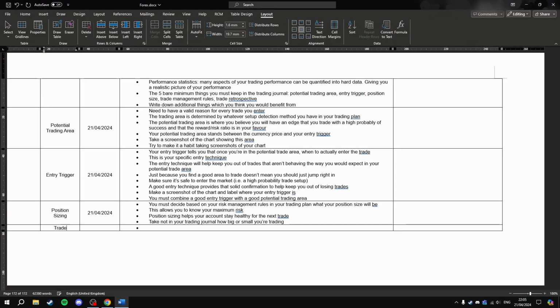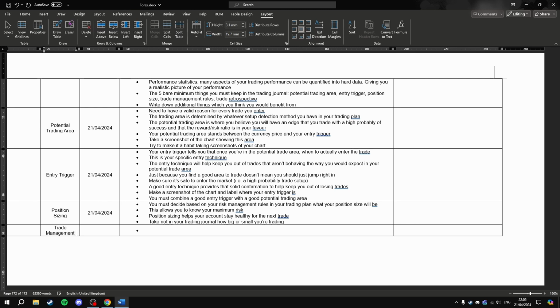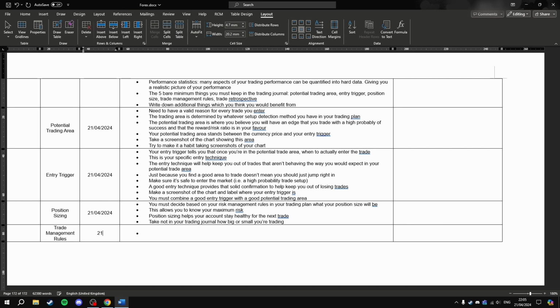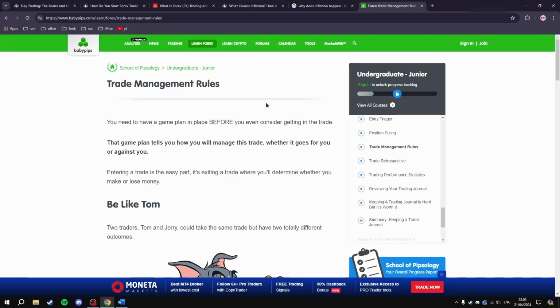Trade management rules. You need to have a game plan in place before you even consider getting in the trade. That game plan tells you how you will manage the trade, whether it goes for you or against you.